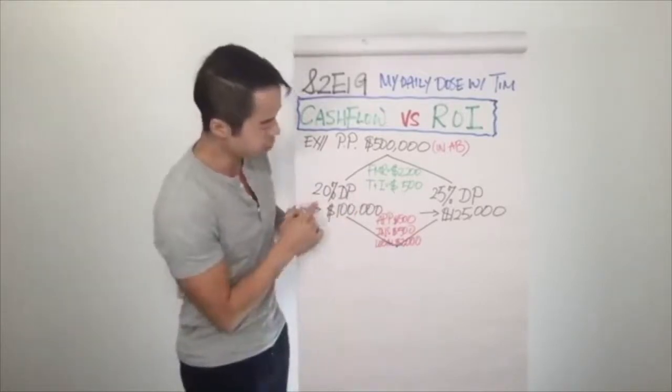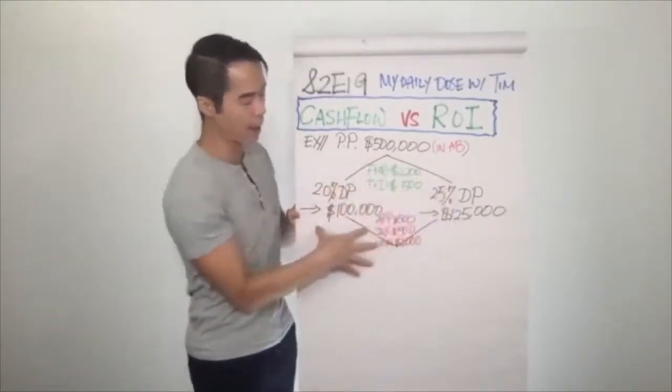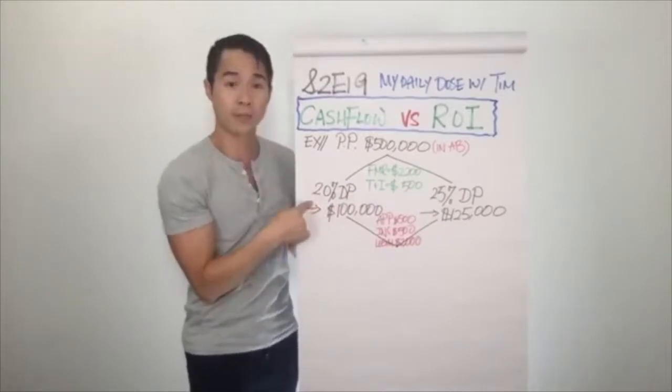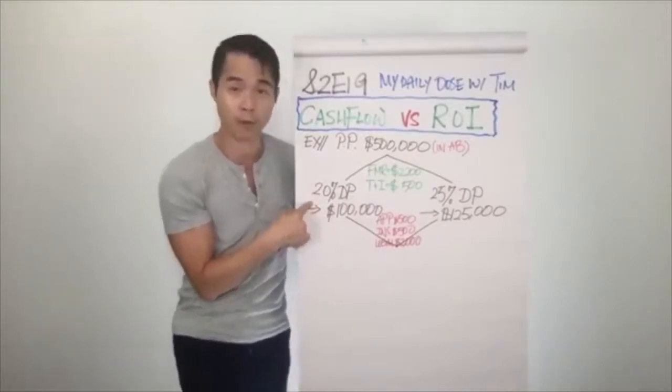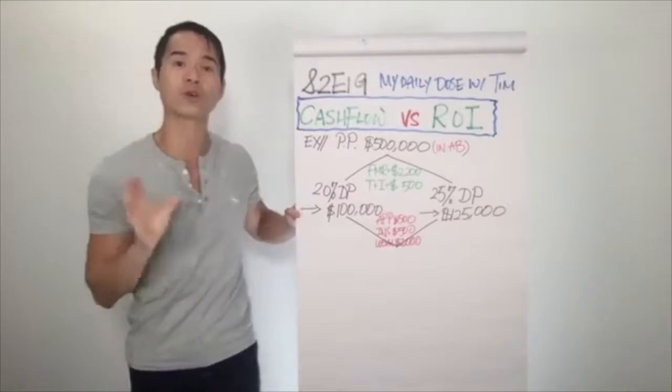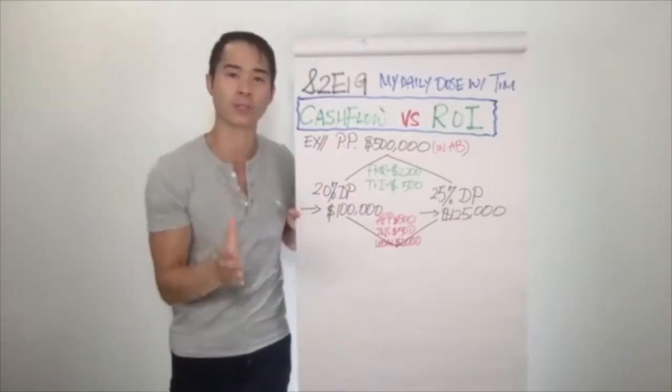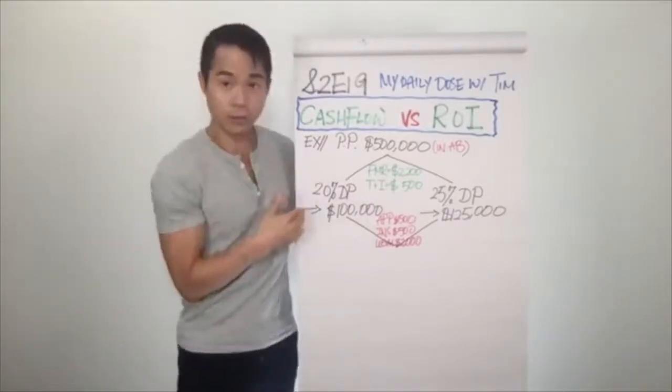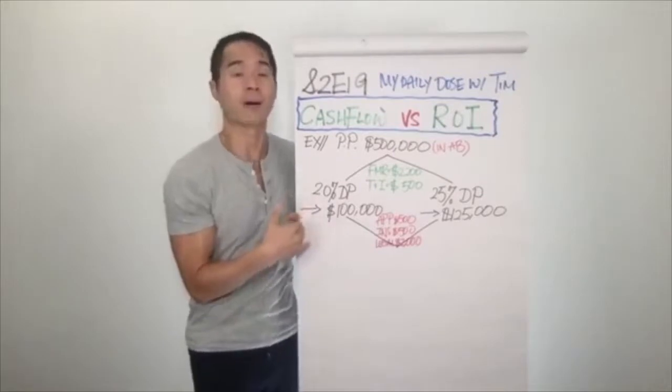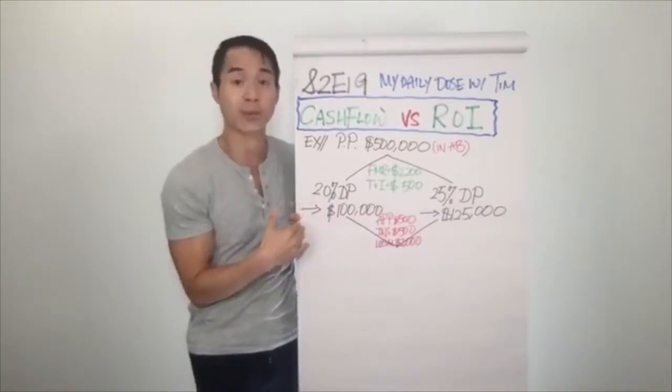That being said, I split this up into 20% down payment. Again, if you are buying a property as an income property, meaning you're not living in it, it's not your principal residence, in this country you need a minimum of 20% down payment or deposit.